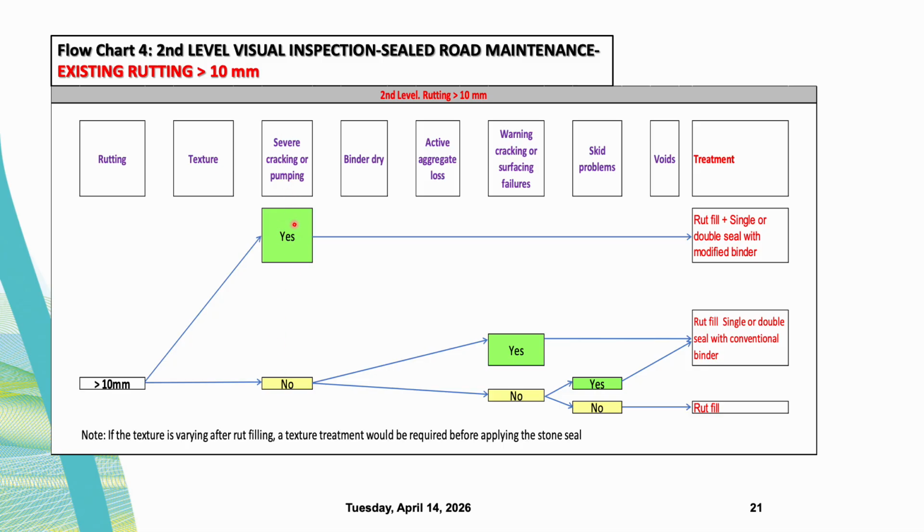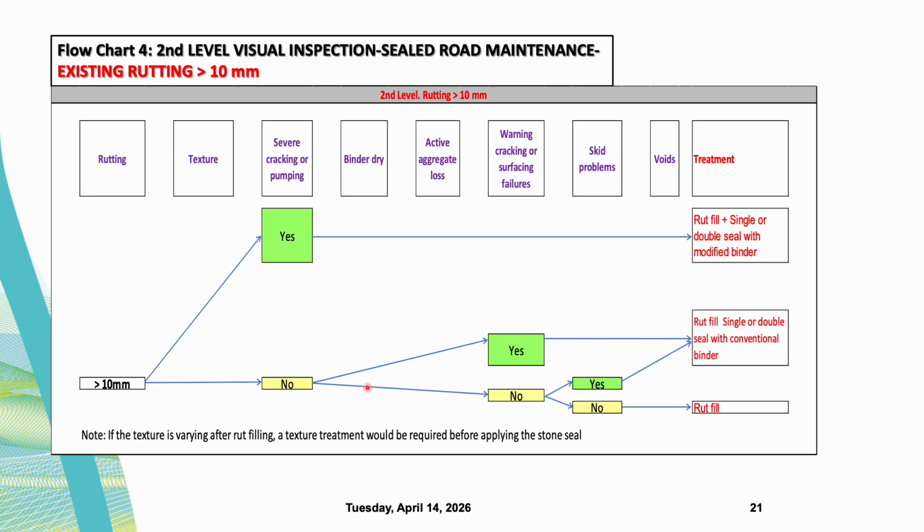If there's cracking, you fill the rut, single or double seal, with a modified binder because you've got cracks. A modified binder is more flexible than a normal pen grade seal, and that's why a modified binder is proposed. If there's not severe cracking, obviously we go this way.